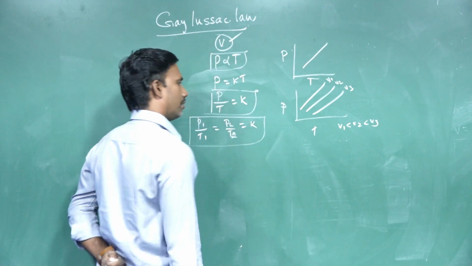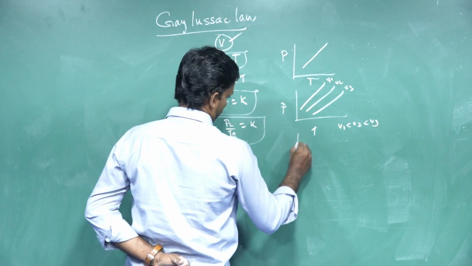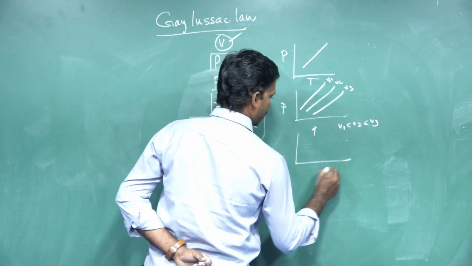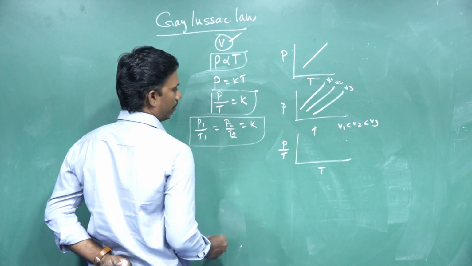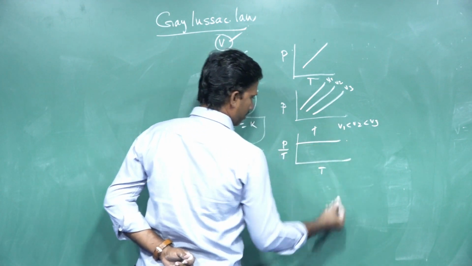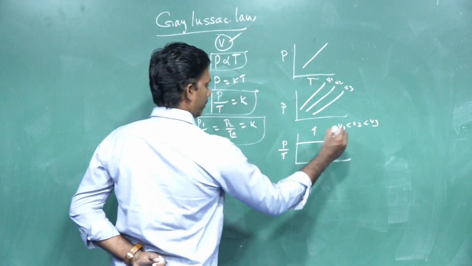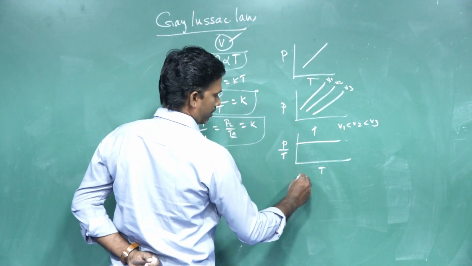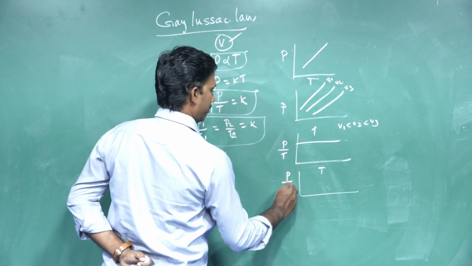Then the graph of temperature versus P by T, at a single volume, if we take various volumes, will be like this.